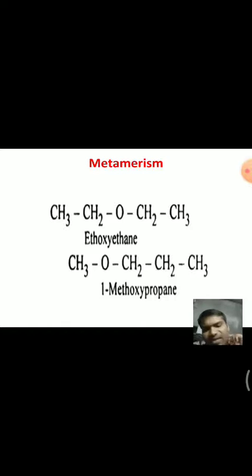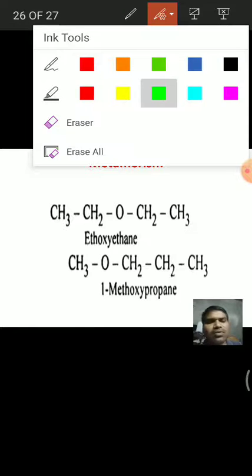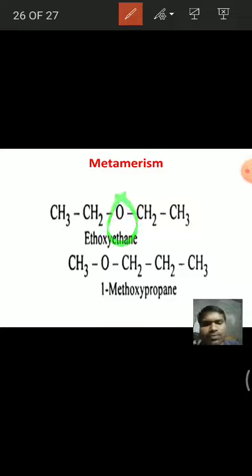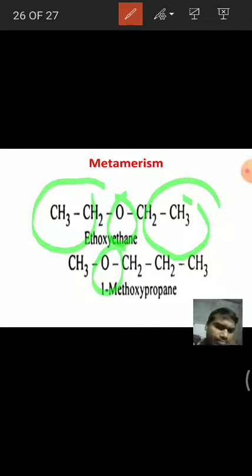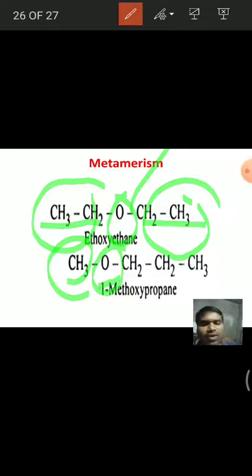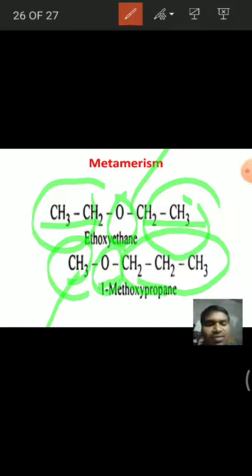Again they have the same functional group, but the difference is in the alkyl groups attached to that functional group. In the first molecule, two ethyl groups are attached to the ether group. In the second molecule, to the ether functional group, one methyl group and one propyl group are attached to the oxygen.